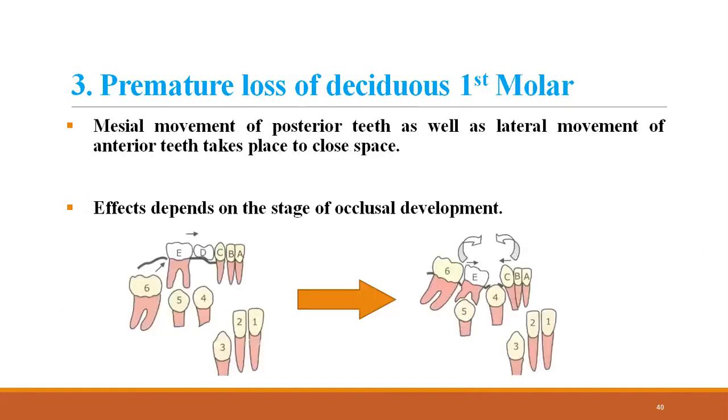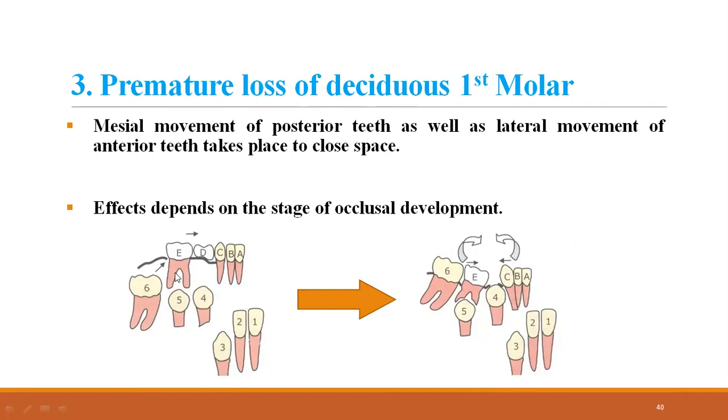Premature loss of deciduous first molar causes mesial movement of posterior teeth as well as lateral movement of anterior teeth to close the space. Effects depend on the stage of occlusal development.